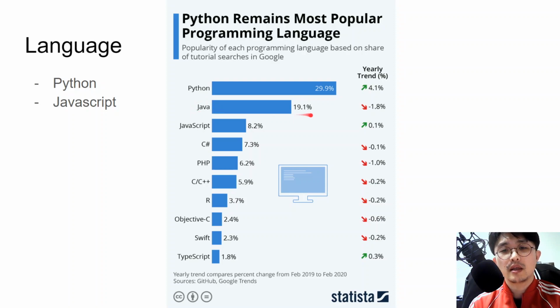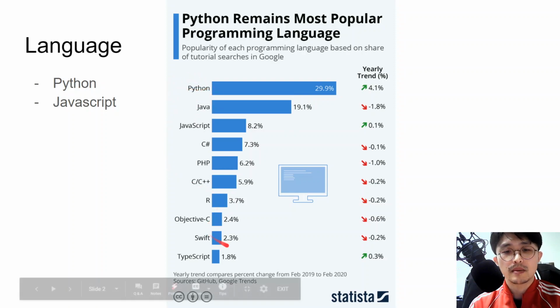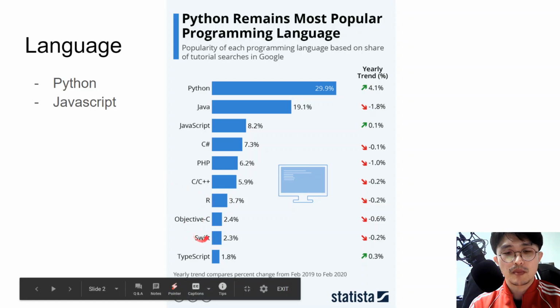So maybe they think that their software market is large enough to become non-free. So they actually ask many companies to pay the license to use Java. So nowadays people are exiting from the Java platform. Rather they try to use Python or other things, usually Swift or TypeScript.